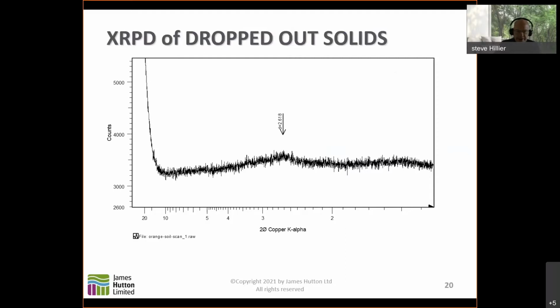So clearly by XRD, we have some kind of X-ray amorphous material here, which basically means there's no long-range crystalline order in the material. A glass, for example, a window glass, would give a diffraction pattern that's not dissimilar to this. So not a great deal of information at the moment from XRD other than that it's X-ray amorphous.